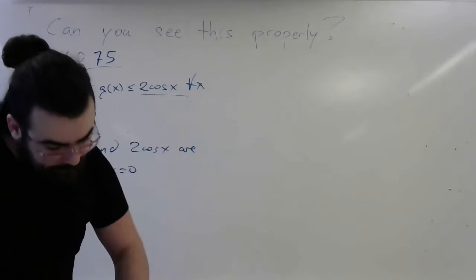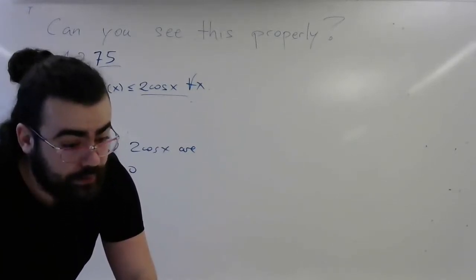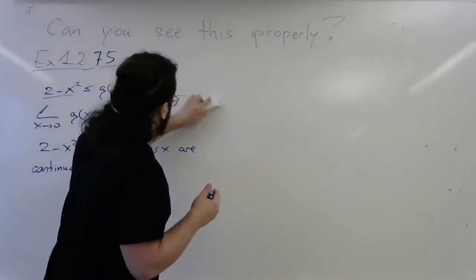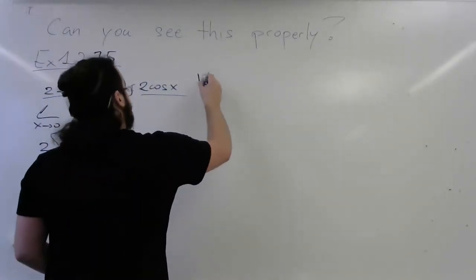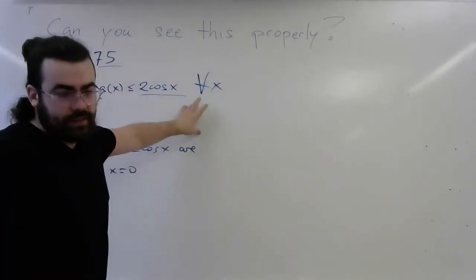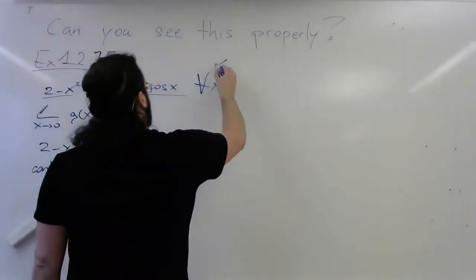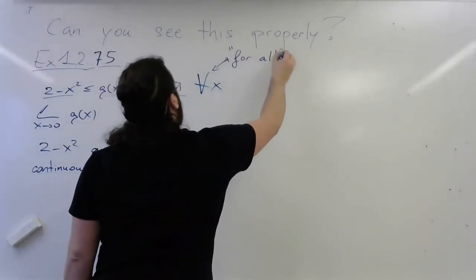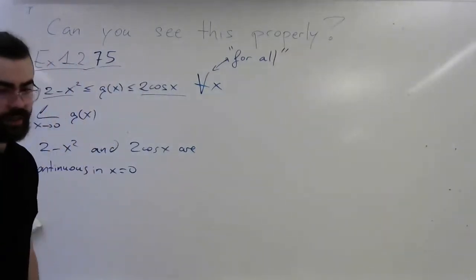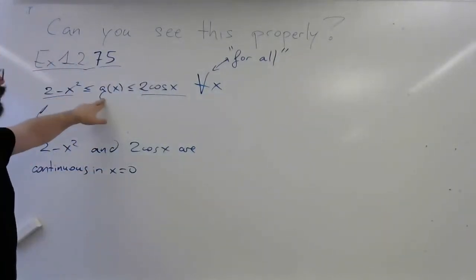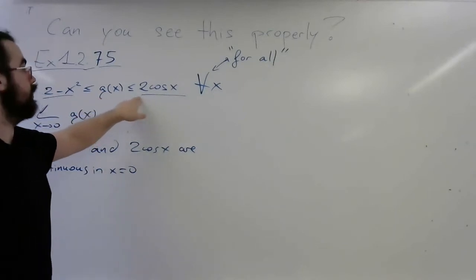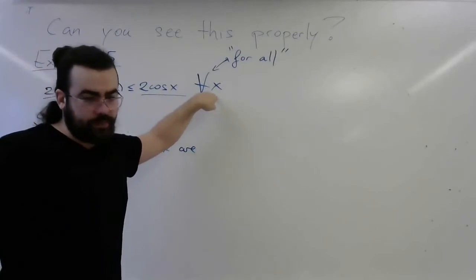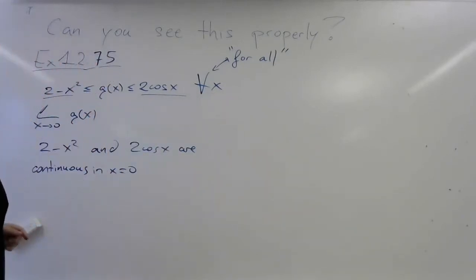This is a trigonometric. Okay. This inverse A means for all. So this reads like 2 minus x squared is smaller than g of x, which is smaller than 2 times the cosine of x for all x, for all values of x. I'm going to be using this one constantly.